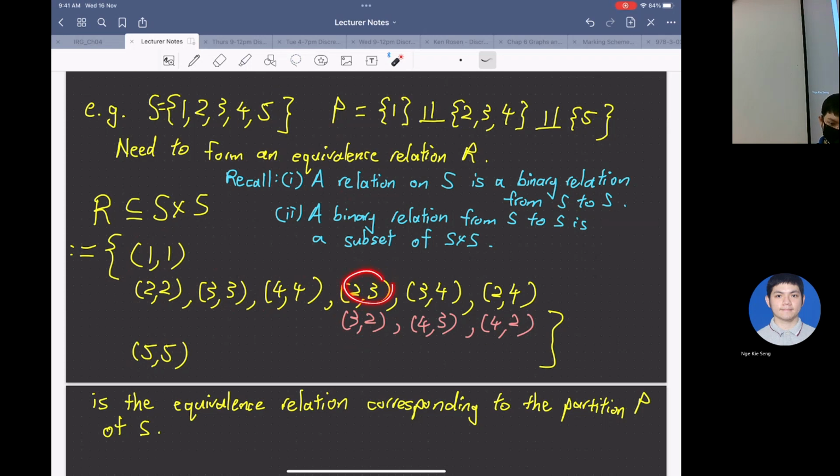Transitive: if (a,b) and (b,c) are in the relation, then (a,c) is in the relation. So a relation is a subset of the Cartesian product. Any question?